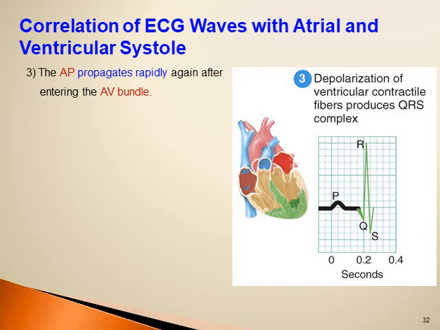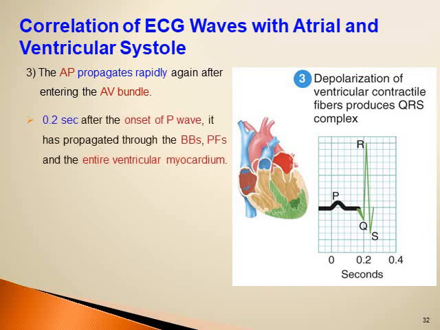As it enters the AV bundle, it propagates rapidly through the bundle branches and the Purkinje fibers. So 0.2 seconds after the onset of the P wave, it has propagated through the bundle branches, Purkinje fibers, and the entire ventricular myocardium.